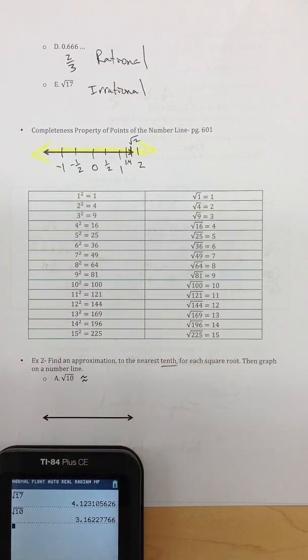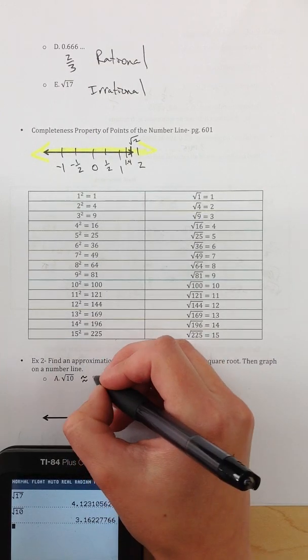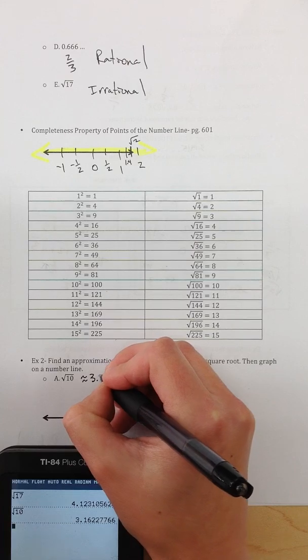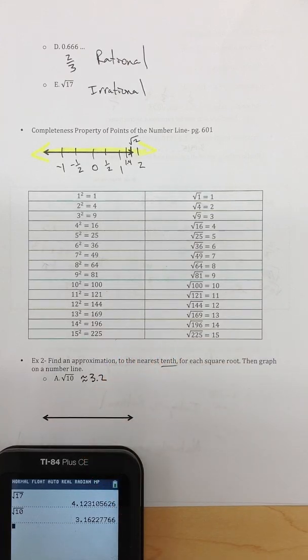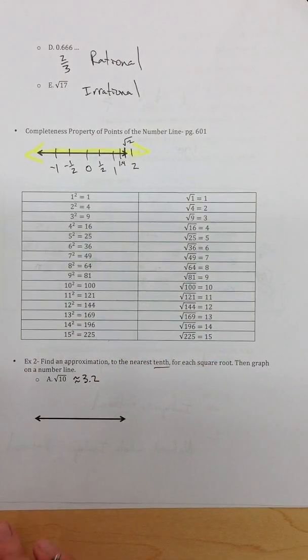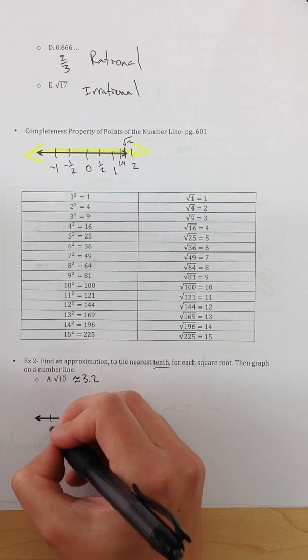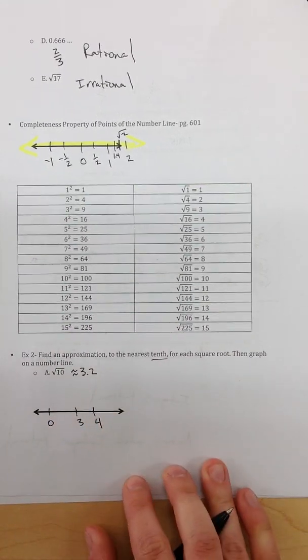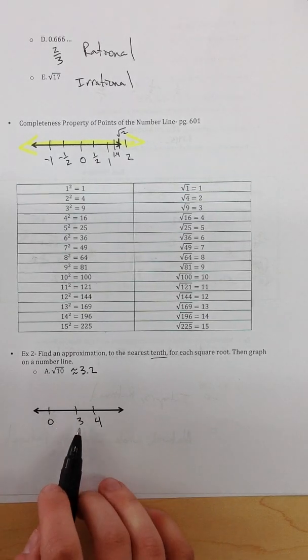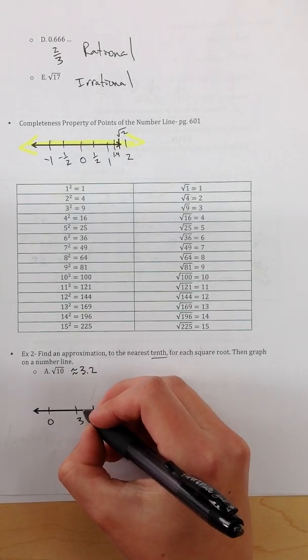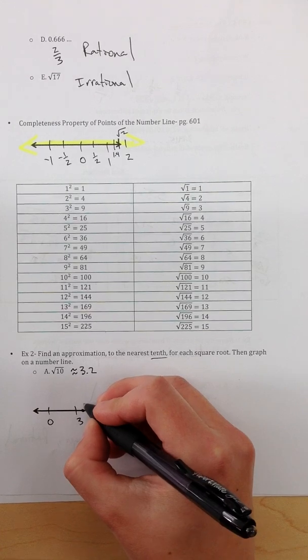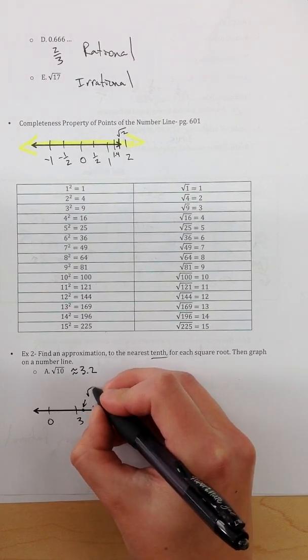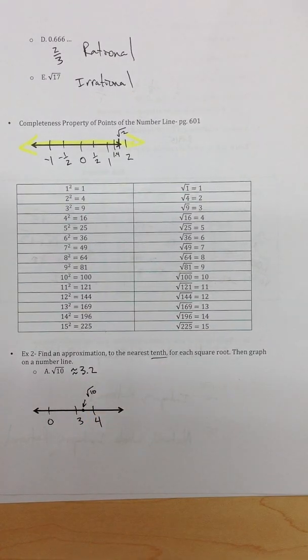I'm going to put a squiggly equals in there because that means approximately equal to. So approximately equal to 3.2. If I was going to graph this on a number line, say I had 0 there, 3, and 4, this would be in between the 3 and the 4, closer to the 3, so I'll put a little point in there. That would be square root of 10.